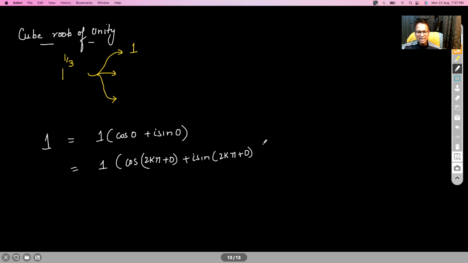But just to rhyme with the approach that we had taken. And now when you're raising it to the power of 1/3, you can raise this to the power 1/3. And remember, here only real answer will come, which is actually a 1. And you multiply 1/3 with your 2k pi.